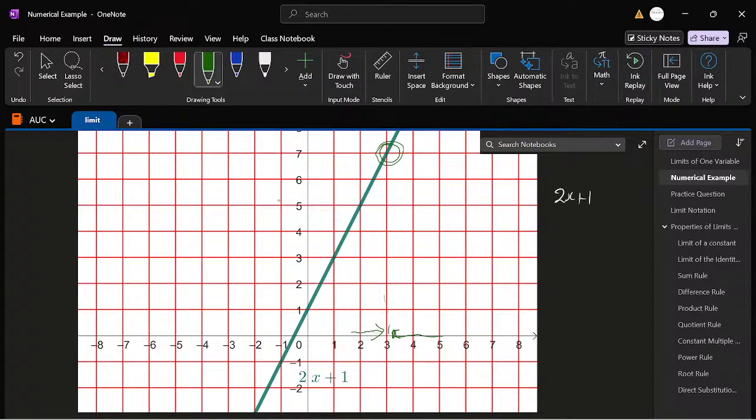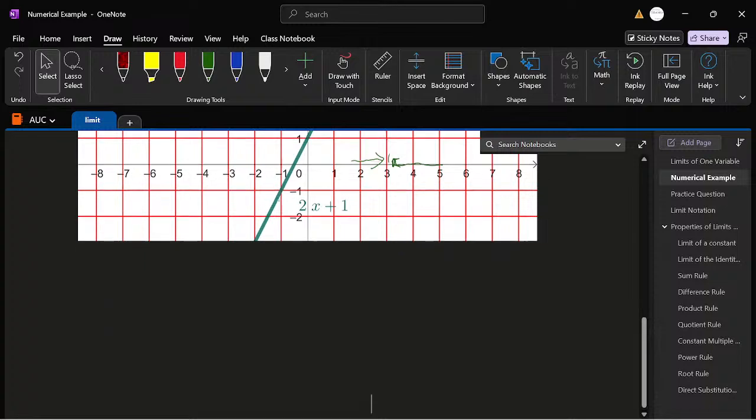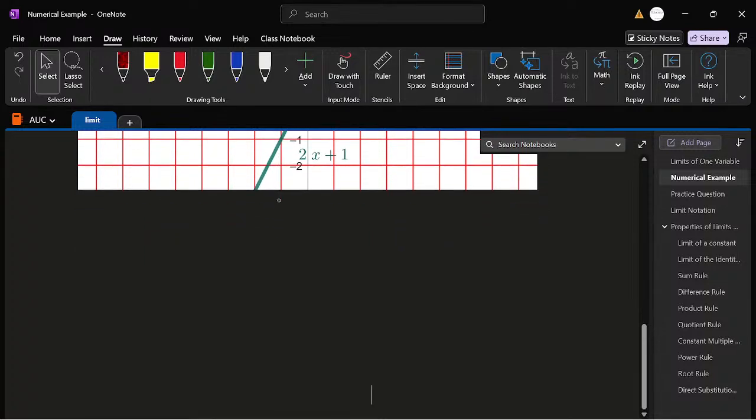So what we can take from here is that a limit is what a function gets close to. Let's say the function here is 2x plus 1.